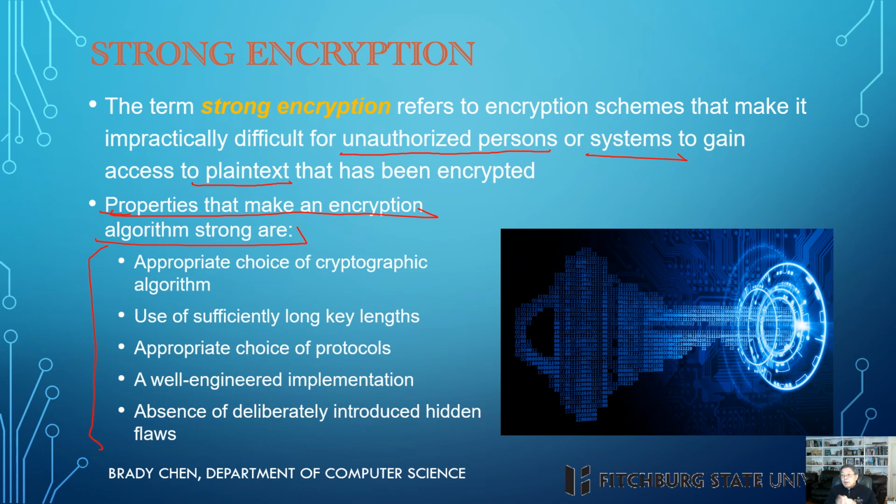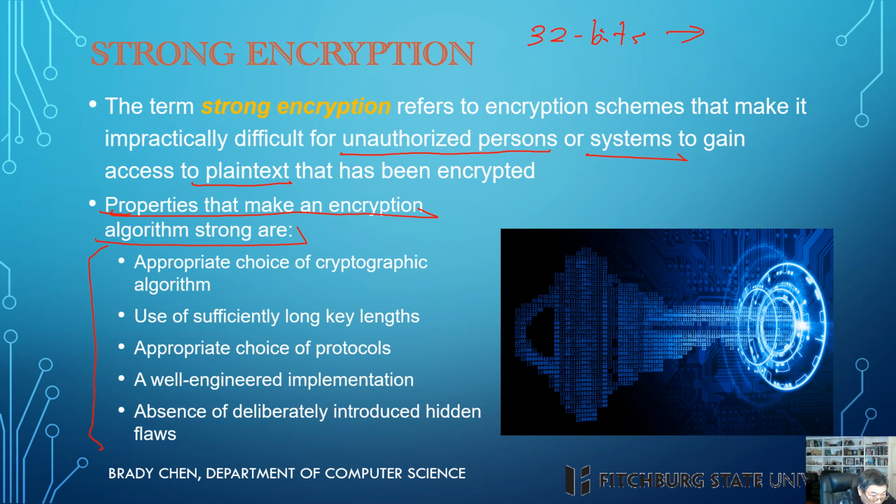So this is actually important because most of the encryption algorithms use a binary sequence to represent the key. Now if you use, for example, 32 binary bits to represent the key, if you know the binary numeric system, you know how many different numbers you can represent using 32 bits.